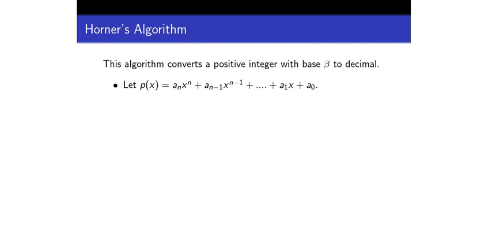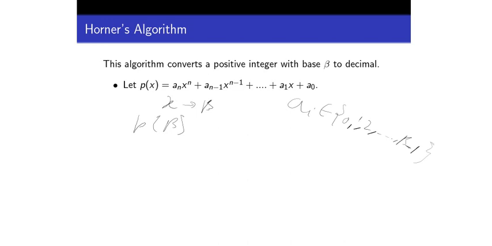So what I mean here is, if I replace x by beta, then p of beta will give you the decimal number, where these ais are real numbers belonging to the set 0, 1, 2, and so on up to beta minus 1.